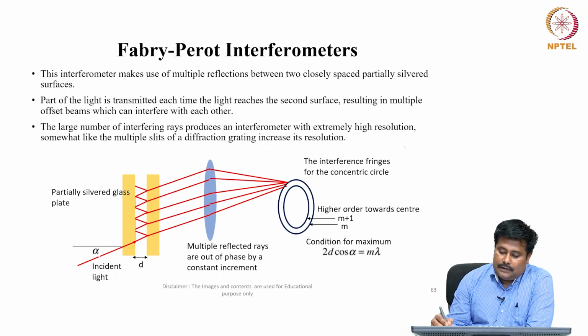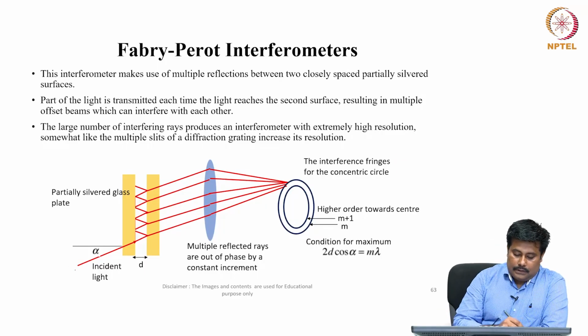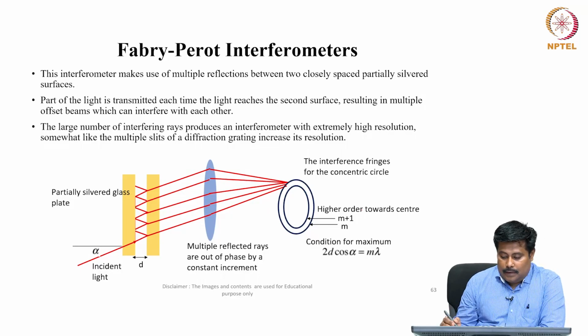The interference fringes are concentric circles. This is the overall construction, where we have an incident light. This incident light is made to pass through multiple reflections between the partially silvered glass, and the multiple reflected rays are out of phase by a constant increment.